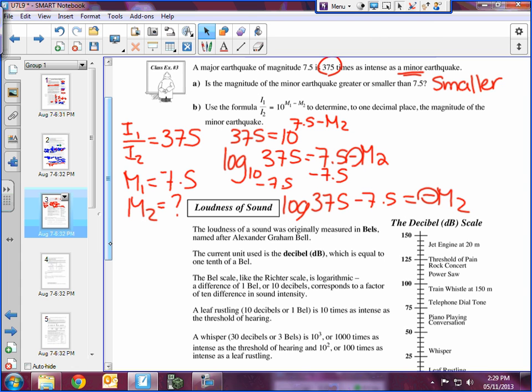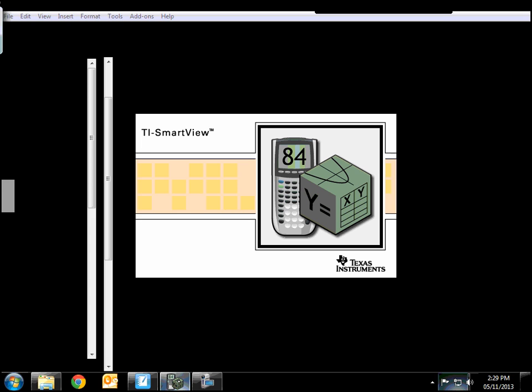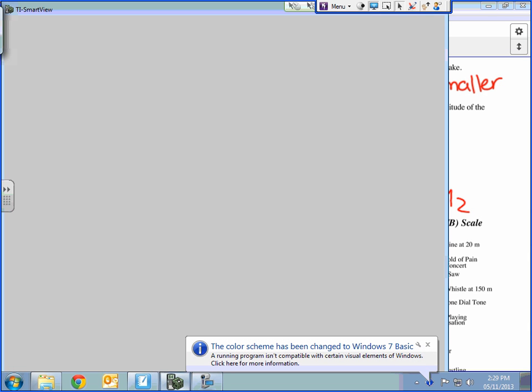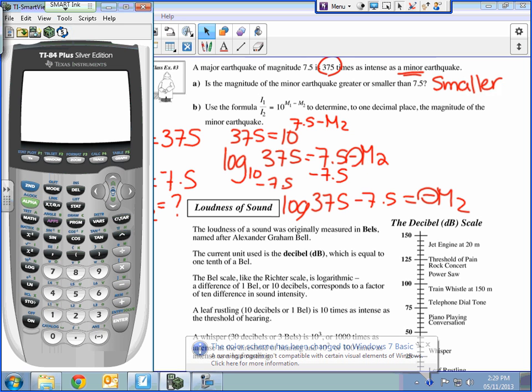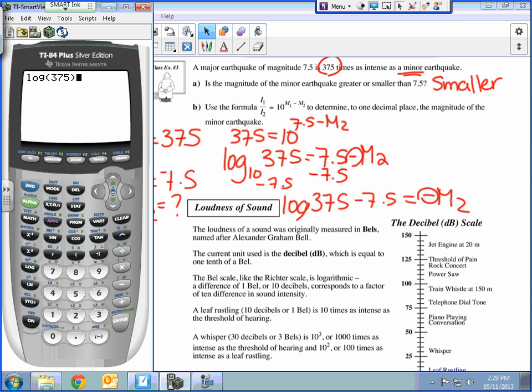So you can put this right into your calculator. Is everyone with me so far? So log of 375, close your bracket, and then you're going to subtract 7.5. You guys got a negative?